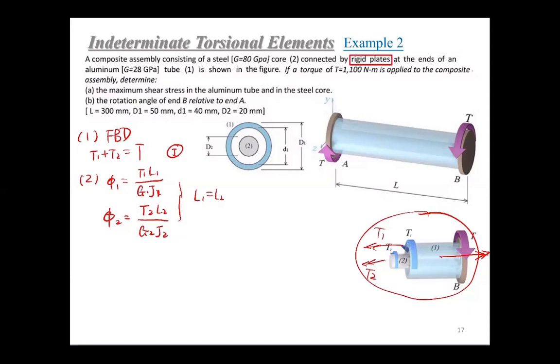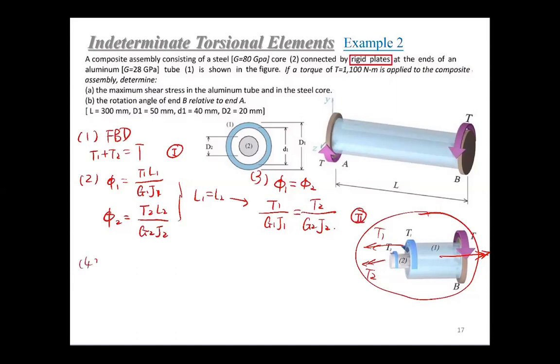So our third step, compatibility. In this case, the compatibility equation is phi 1 equals phi 2. From here, you will just get T1 over G1 J1 equals T2 over G2 J2, since the L's equal each other and can be deleted. Then from here, you will get our equation 2.